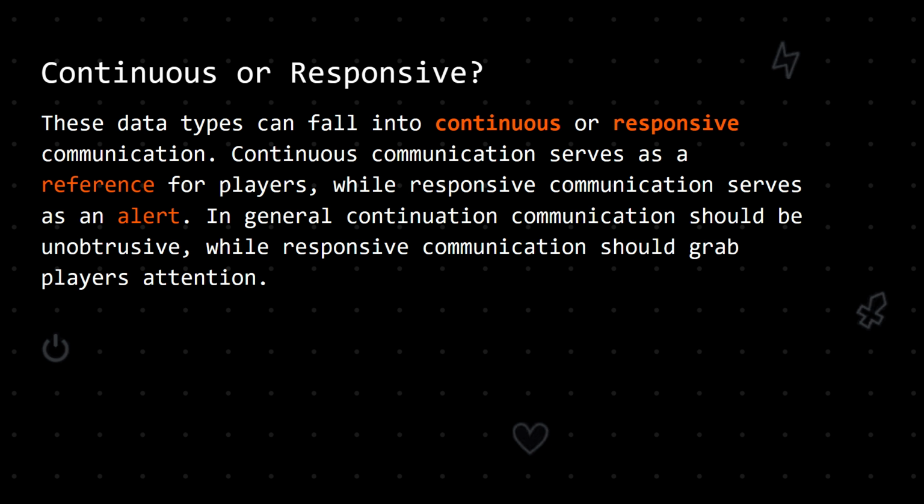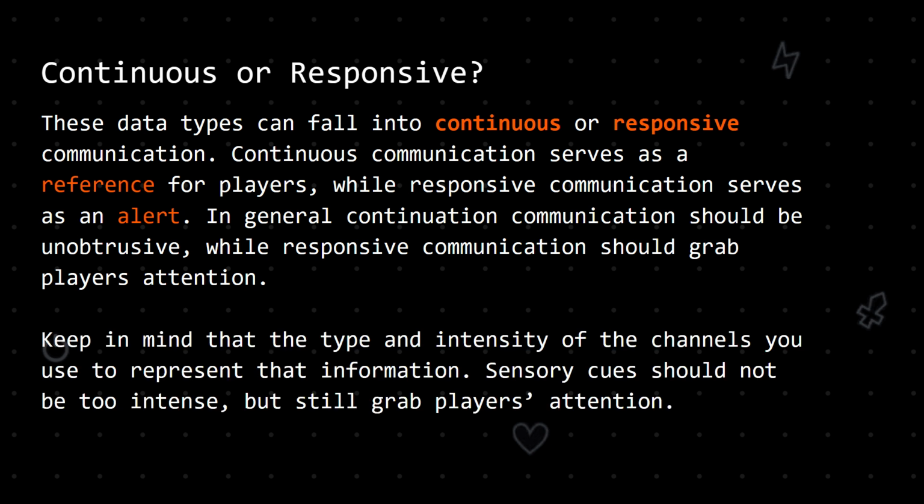This means that, in general, continuous communication should be unobtrusive, avoiding things like excessive visual motion or loud audio effects. Responsive communication, on the other hand, should grab players' attention using things like sudden visual change, sound effects, and haptic feedback.